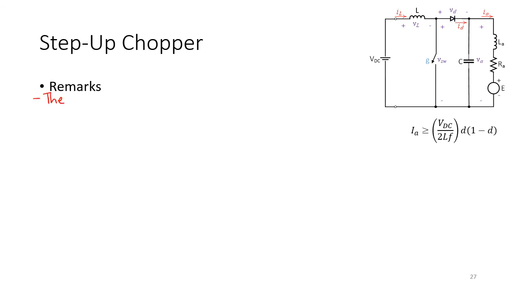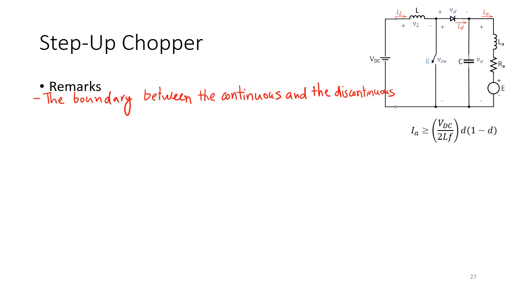First, the boundary between the continuous and the discontinuous mode is determined by setting Imin to 0. So this part is for the boundary.